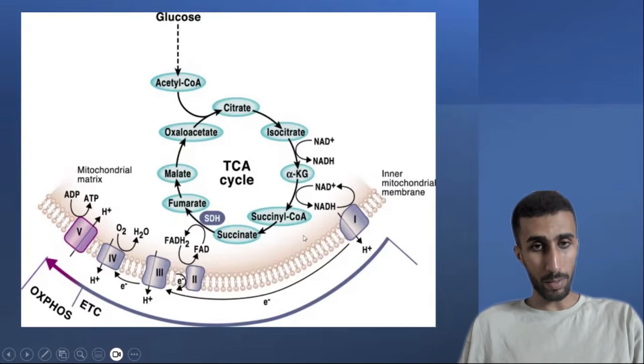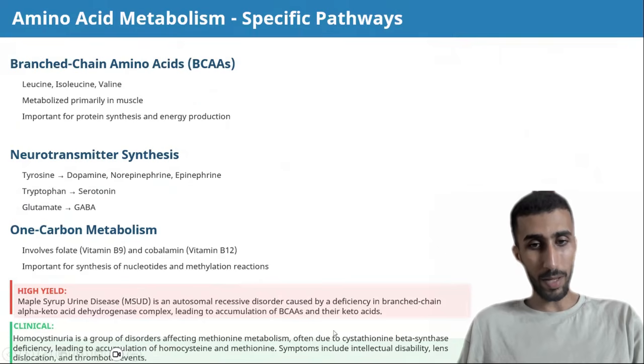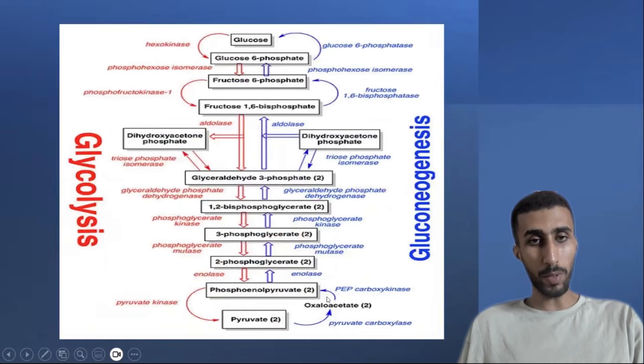But this oxaloacetate under fasting condition, remember from our first slide, is going to be used to form glucose back. So pyruvate is converted to oxaloacetate, and the oxaloacetate goes back to form glucose.